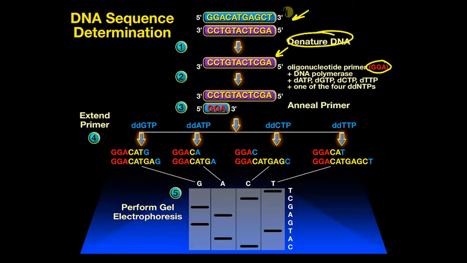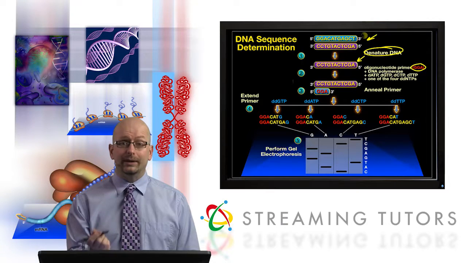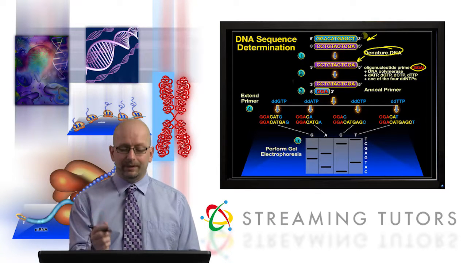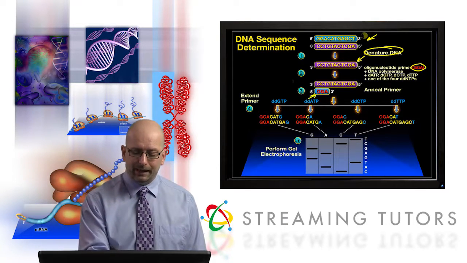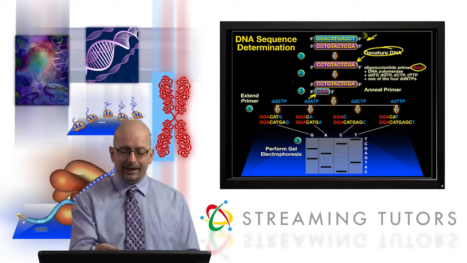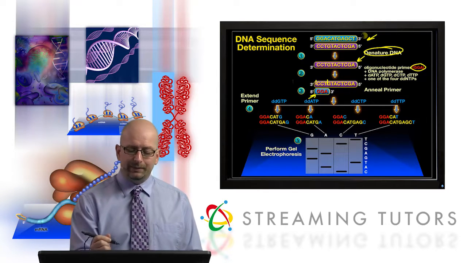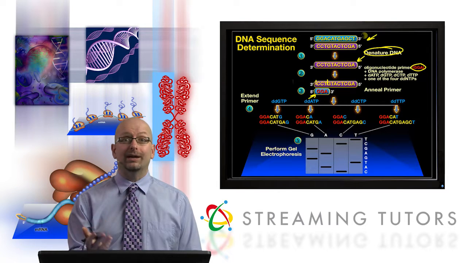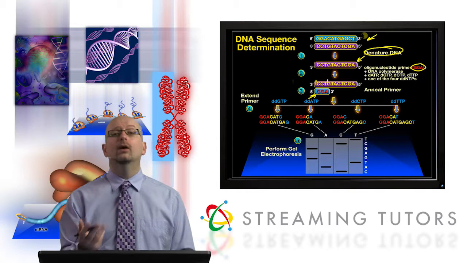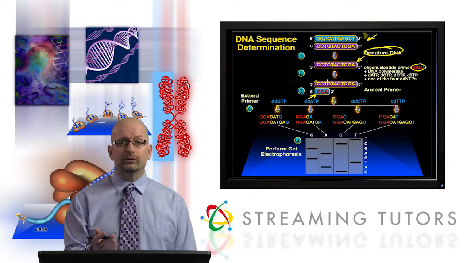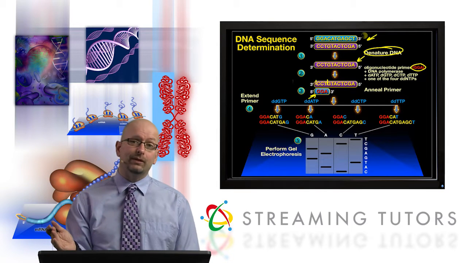We need to put a primer in, and the reason is, as you know, DNA polymerase cannot start a chain, it can only extend one. Now you might say, see, the primer I made on the picture is GGA because I knew the beginning was CCT, but you might be saying, well, what if you really don't know? Well, sometimes you have partial sequence information or you want to extend from a place that you know.